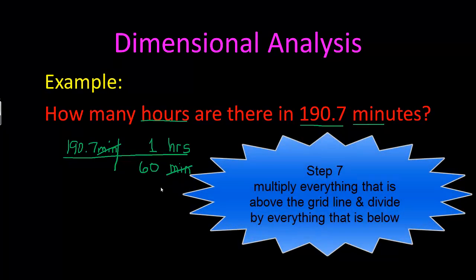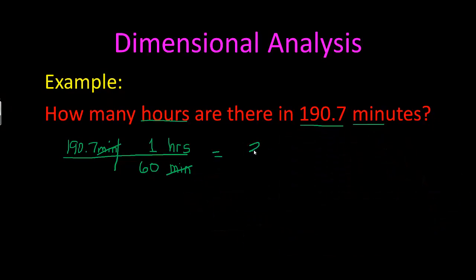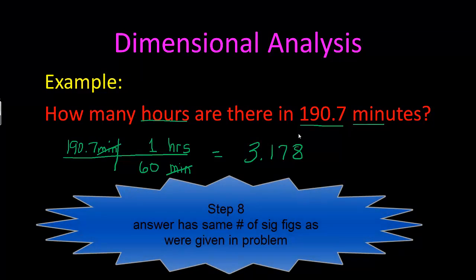Step 7, multiply everything together that is above the grid line and then divide by everything that is below. So we're going to take 190.7 times 1 and then divide that by 60. That is 3.178. Step 8, express your answer in the same number of sig figs as were given in the original problem.